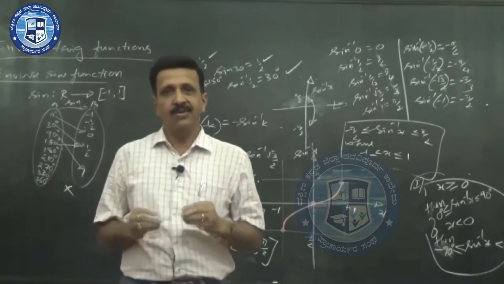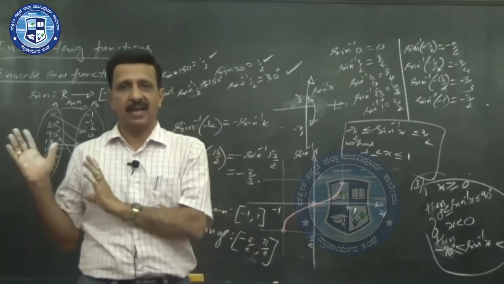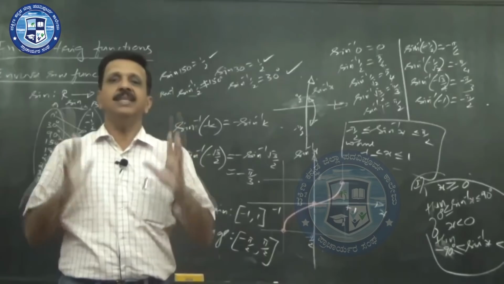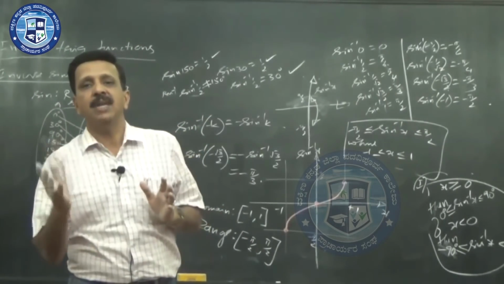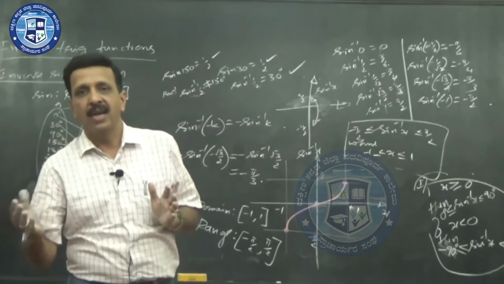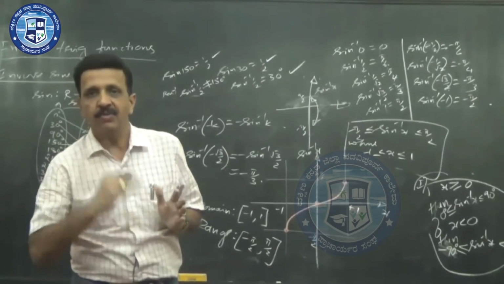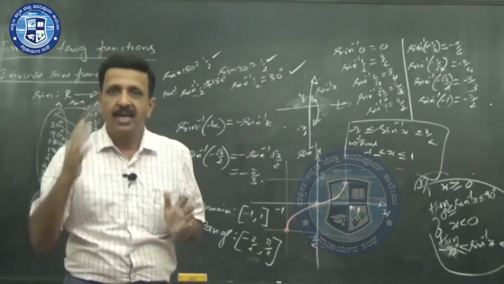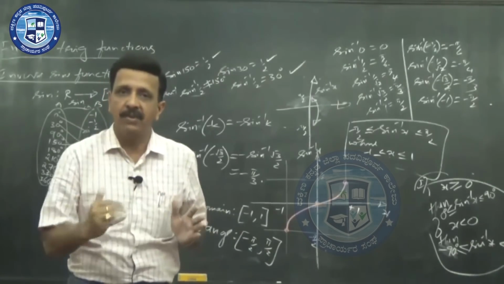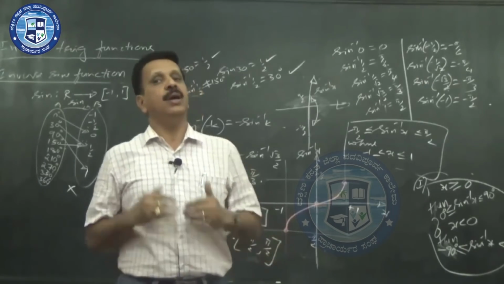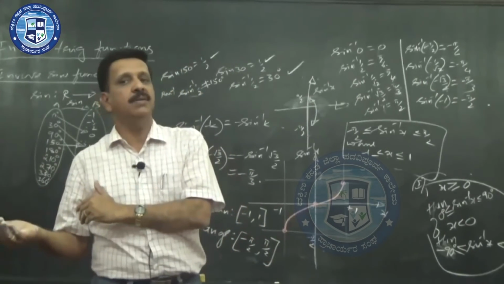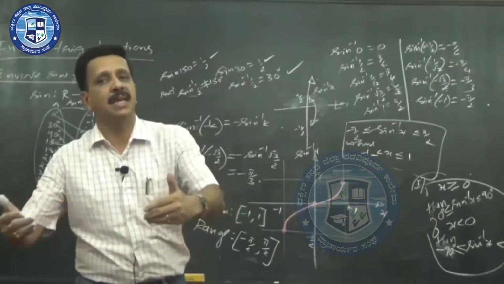Sine inverse negative, the answer is a fourth quadrant angle. I repeat, the sine inverse answer is an angle. Sine inverse x must lie between -1 and +1. If x is positive, sine inverse positive is a first quadrant angle. If x is negative, sine inverse negative is a fourth quadrant angle. With this mindset, you can go ahead with the next, that is the inverse cosine function, that we'll see slightly later.